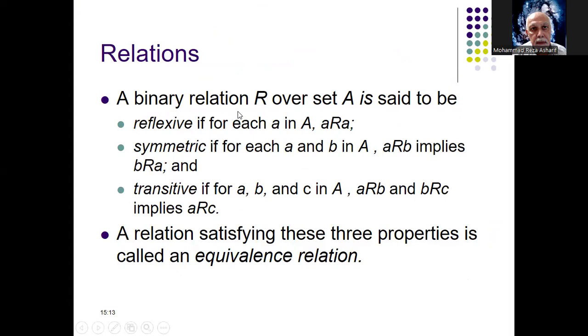A binary relation R over a set A is said to be reflexive if, for instance, A is the set of pixels, and a small a is related to itself. So we write pixel a is related to itself.